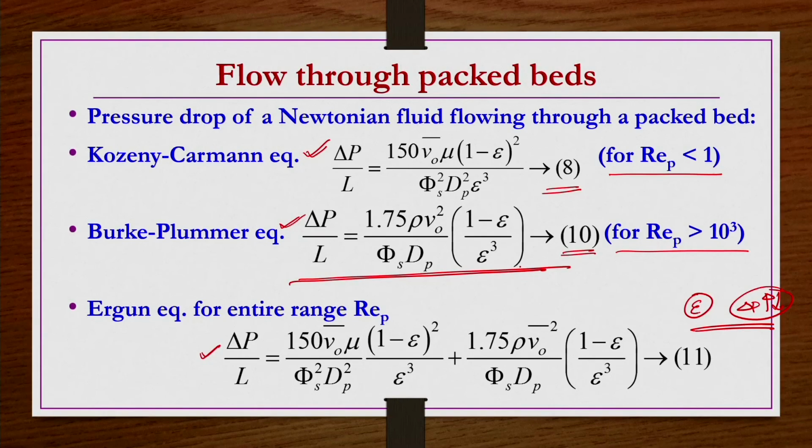But in which equation should we make this adjustment? We should do it only in equation number 10 if we are looking for kinetic energy losses, because equation number 10 primarily talks only about the kinetic energy losses contribution in the pressure drop.